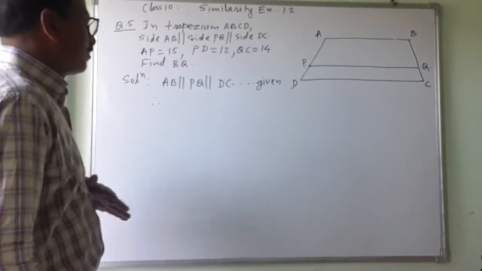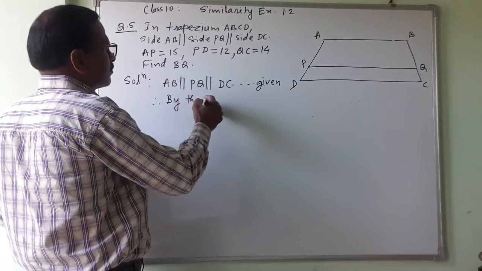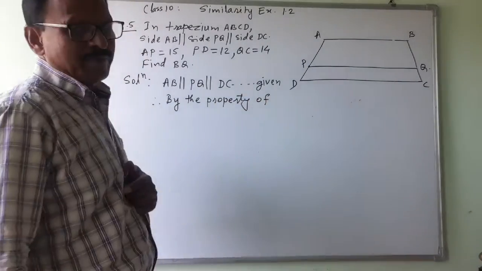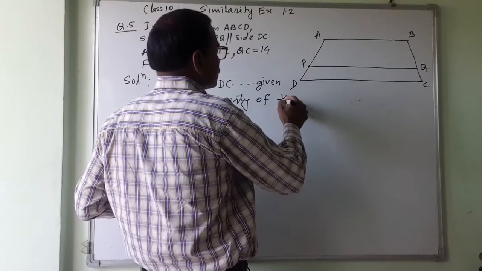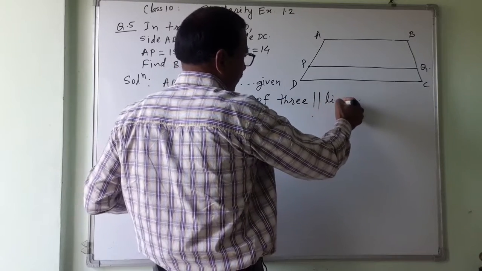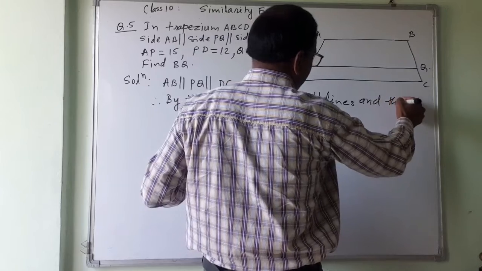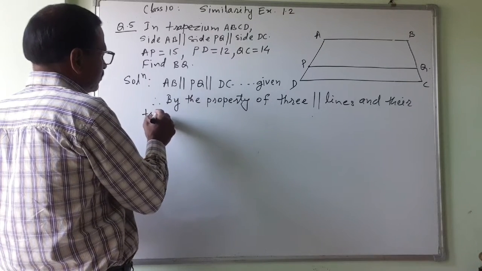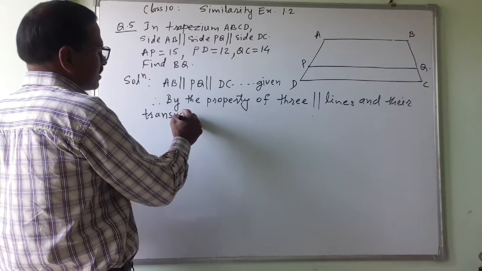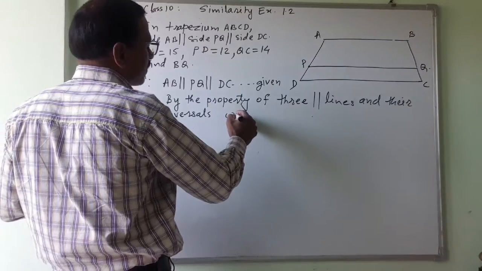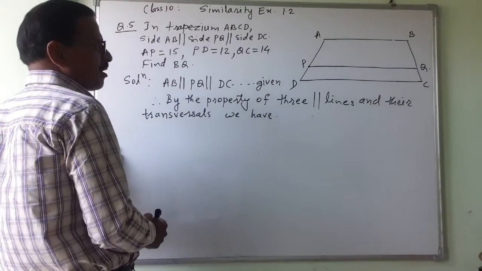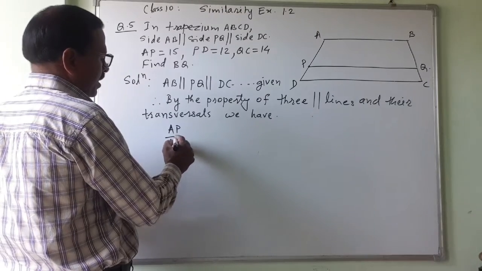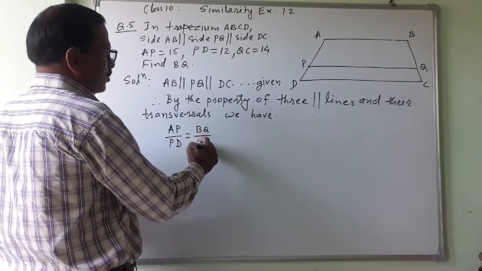Therefore, by the property of three parallel lines and their transversals, we have AP upon PD is equal to BQ upon QC.